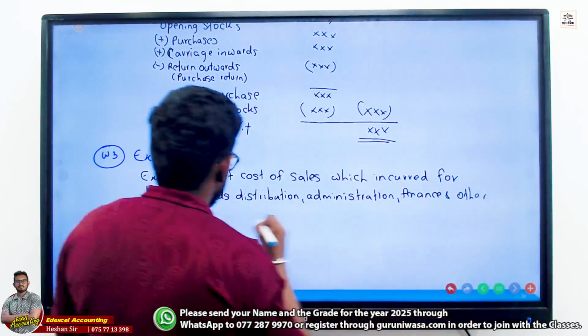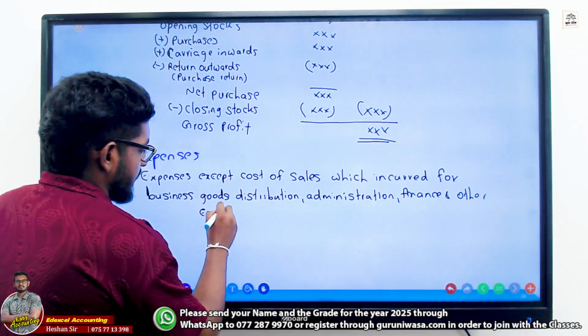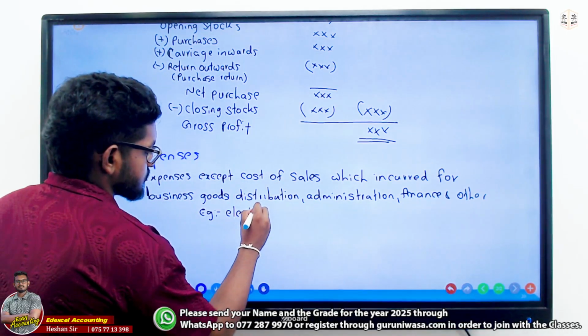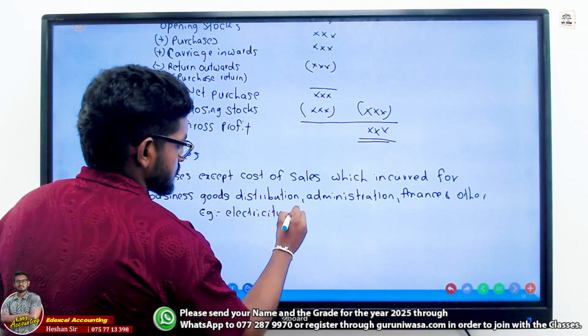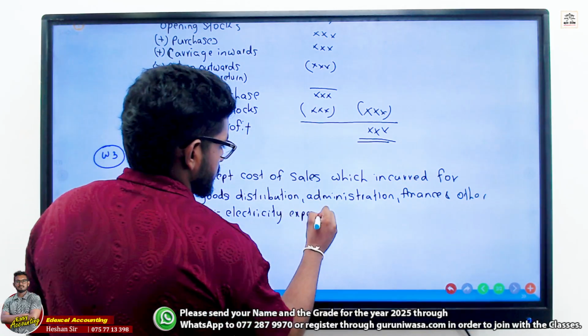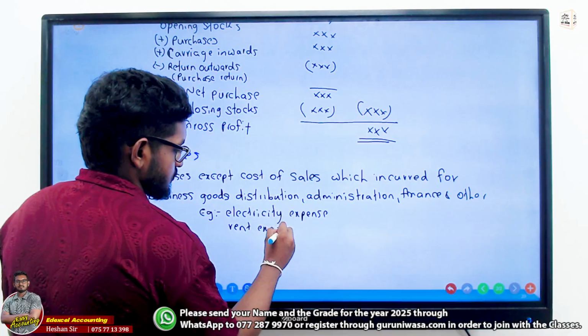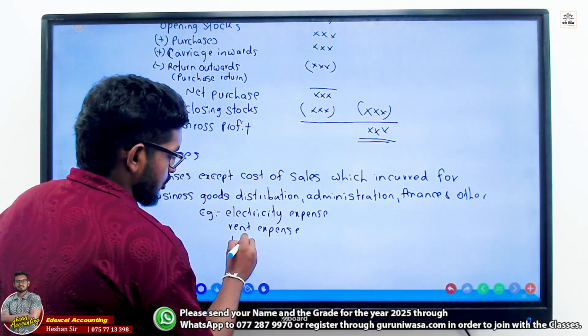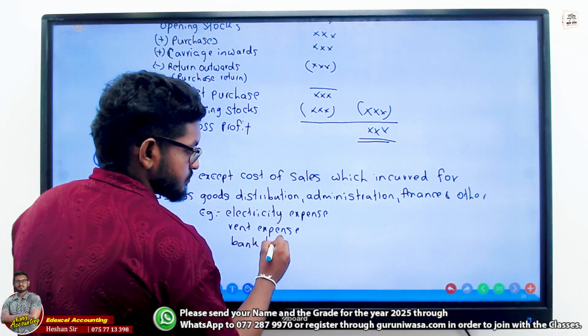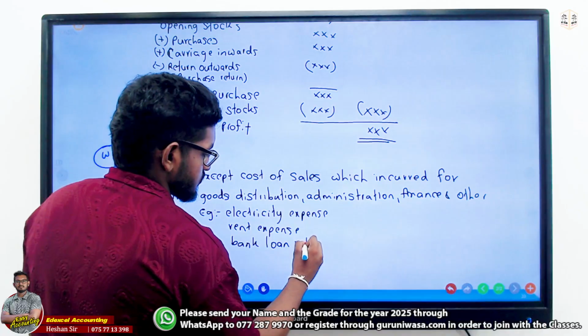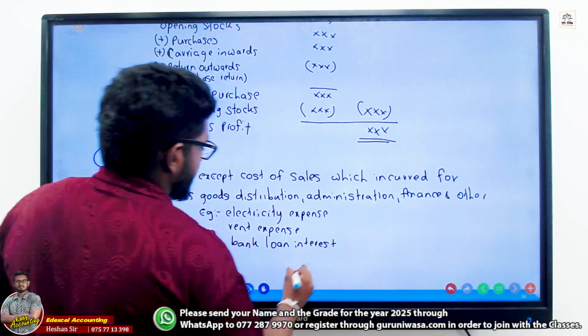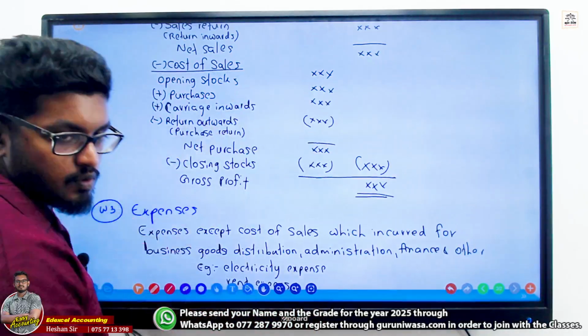For example, electricity, rent expense, bank loan interest. Those things we deduct separately after the gross profit.